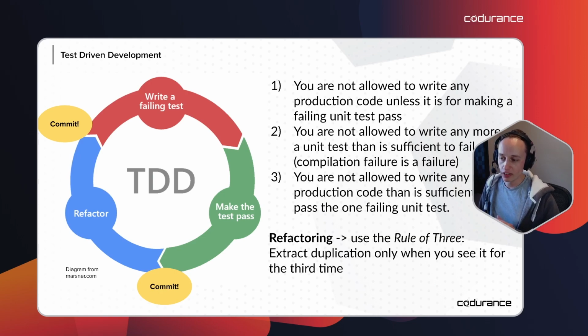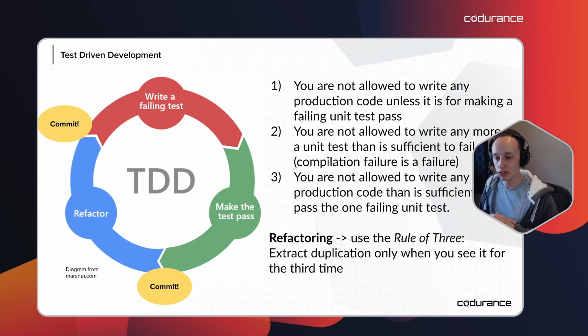Anyway, let's go over the actual strict rules of TDD, which are these three steps here. You are not allowed to write any production code unless it is for making a failing unit test pass. You are not allowed to write any more of a unit test than is sufficient for it to fail, keeping in mind again that a compilation failure is a failure in itself.